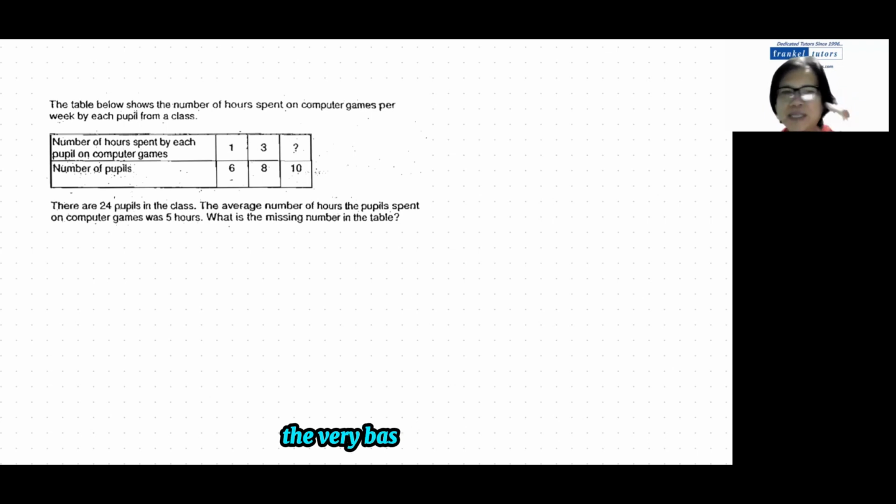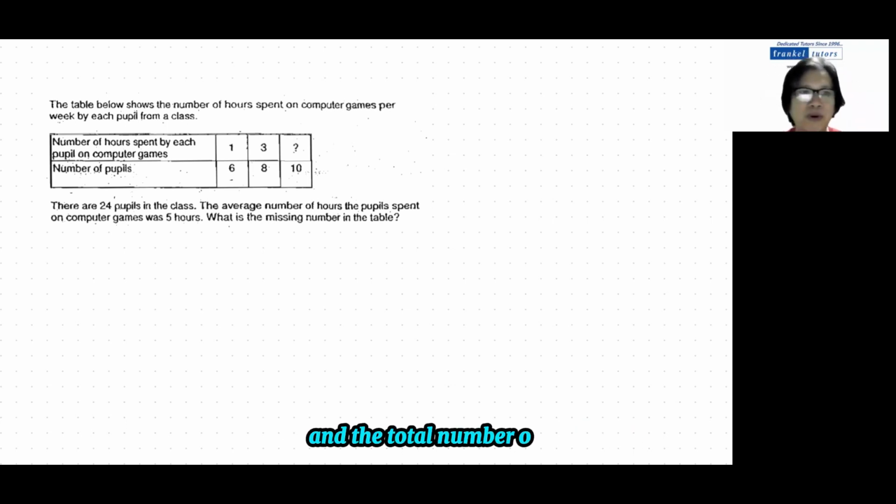The very basic thing about average is that it is a relationship between the total number of everything and the total number of items. So basically the average is a relationship.